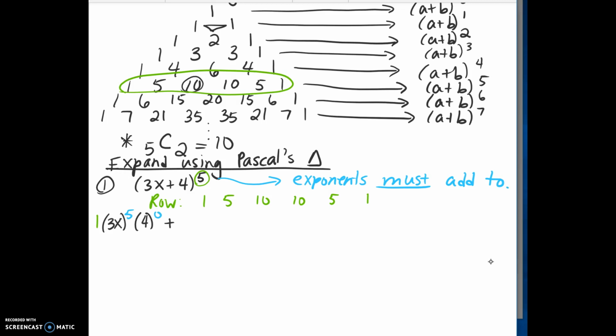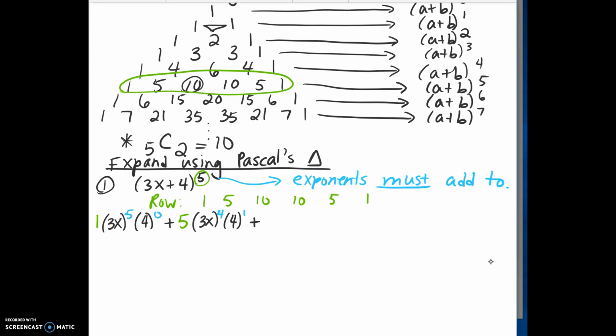And then we're going to go to our next one, and we're going to change up the exponents by going down 1 and up 1. So 3x to the 4th, 4 to the 1st. Again, making sure those add to 5, but that's going to change. The first number is going to go down, the second number is going to go up by 1.